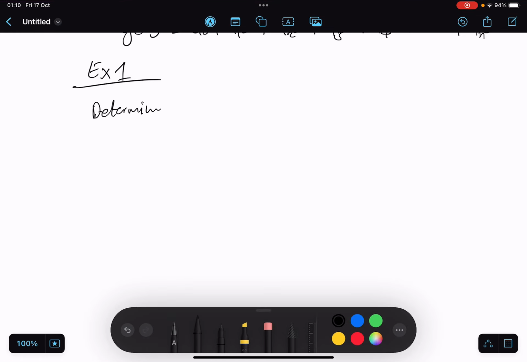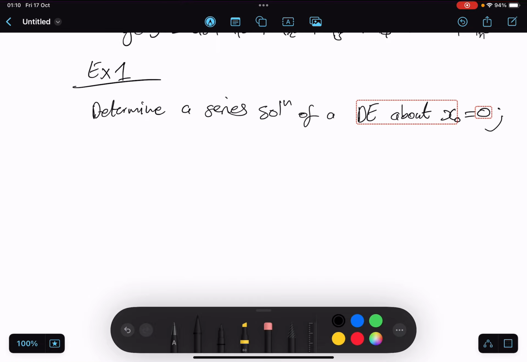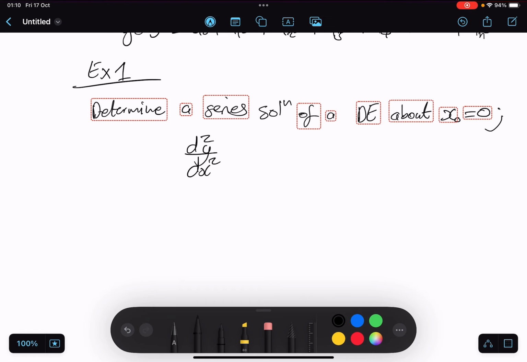We are tasked to determine a series solution of a differential equation about an ordinary point x naught equals 0, and the differential equation is d squared y over dx squared, I'm just going to take the simplest form for now, plus y equals 0.